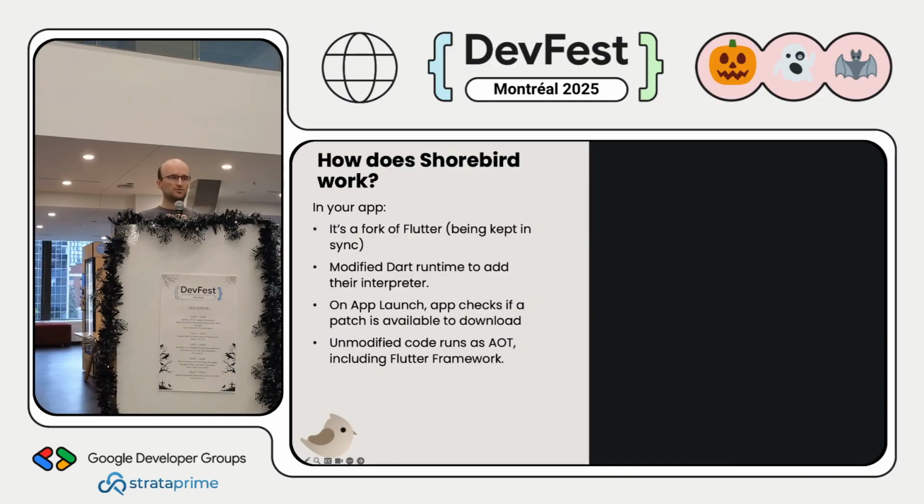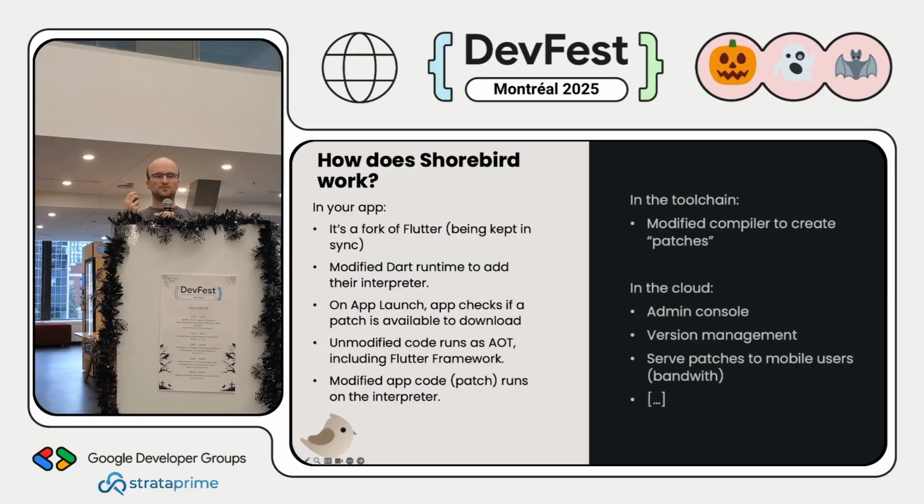Unmodified code will still run as AOT, so you still get all the performance necessary, and the only impact is the modified code will run in the interpreter, and that modified code will be very, very small. And remember that most of the Dart code in your app is the Flutter framework, and that part you're not changing via a patch, so all of that stays as AOT.